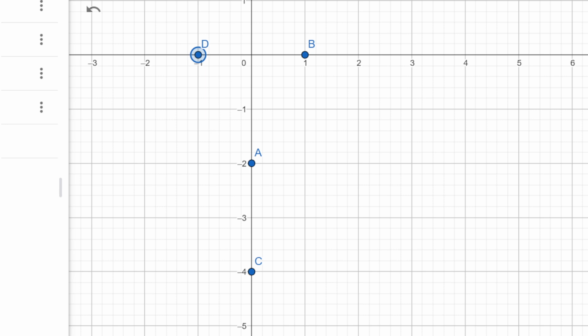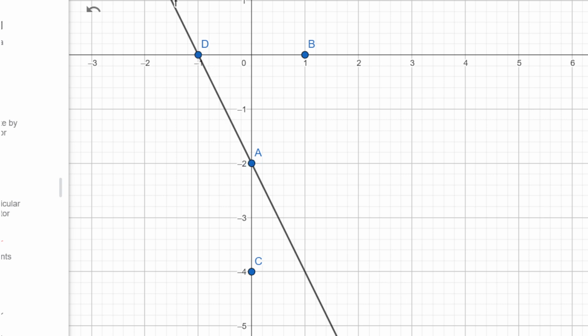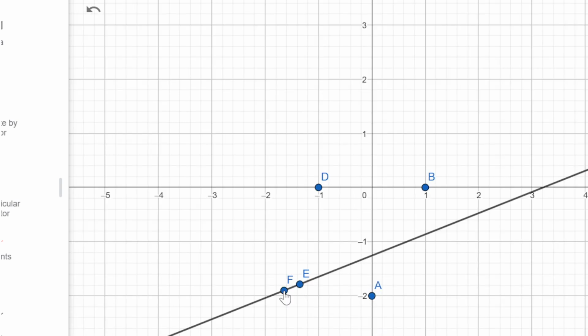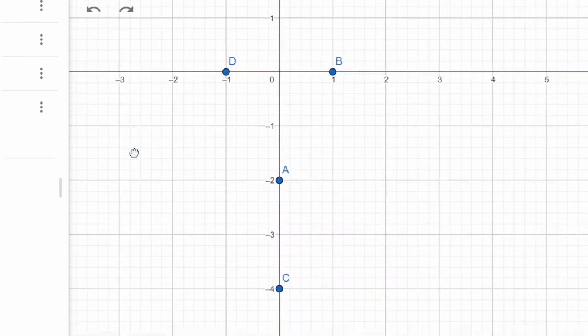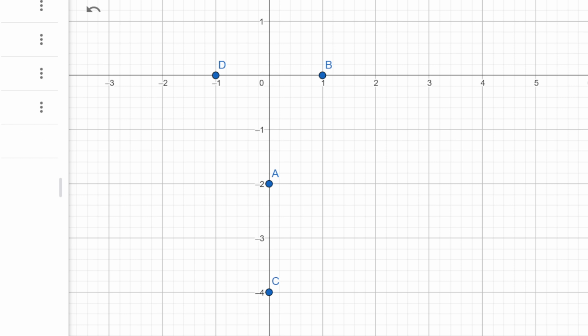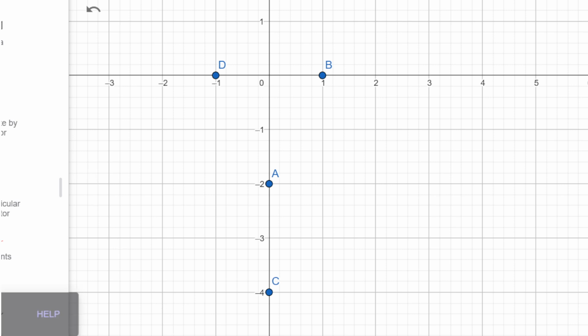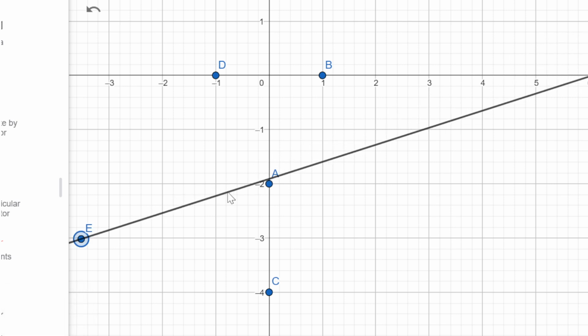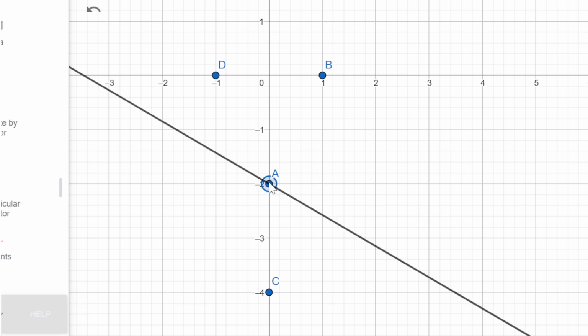The first one is 0 comma minus 2, 1 comma 0.